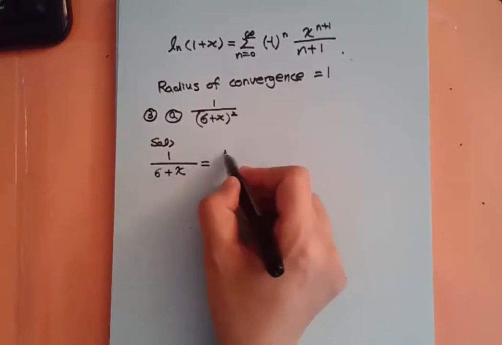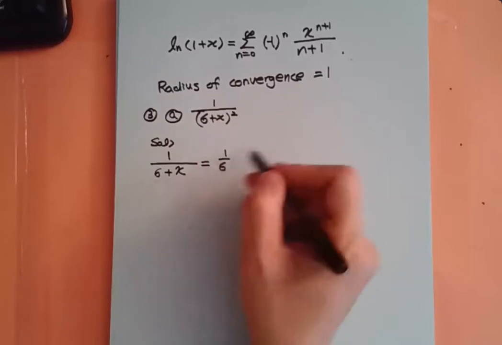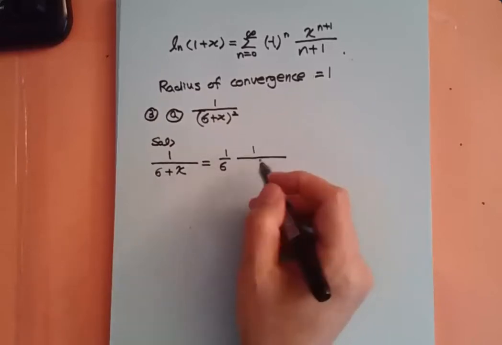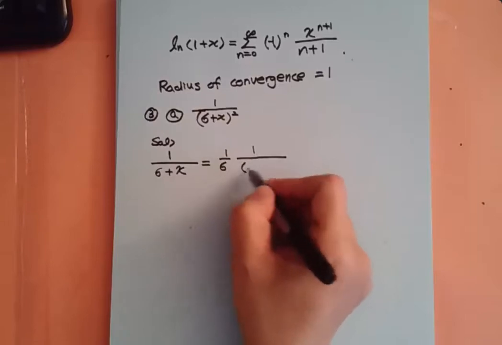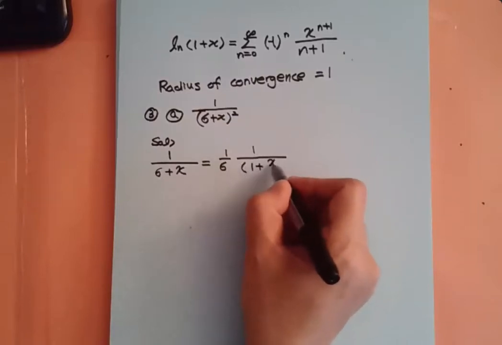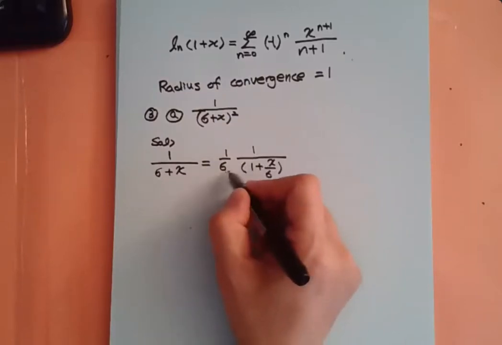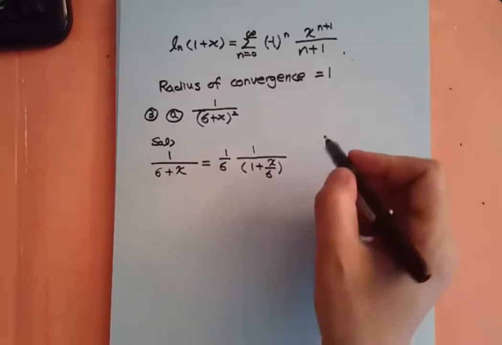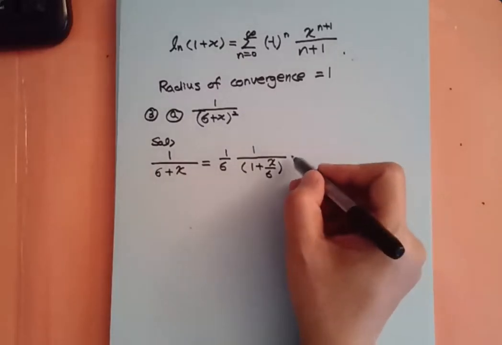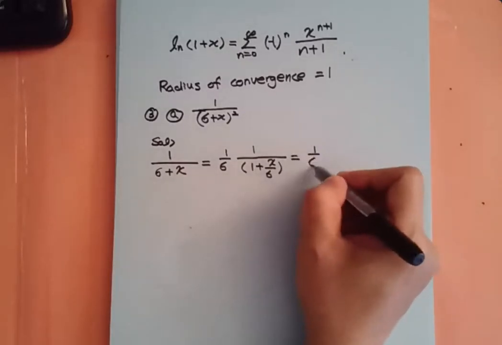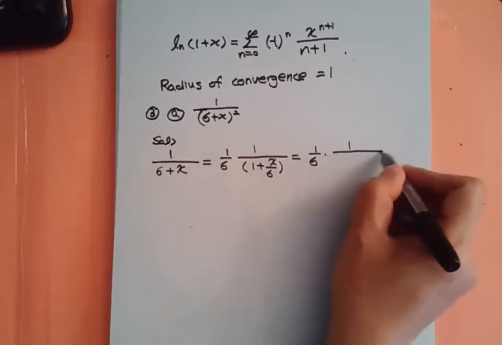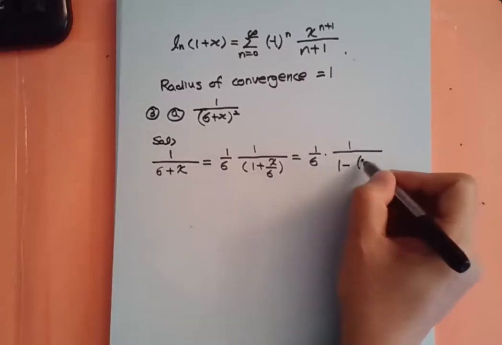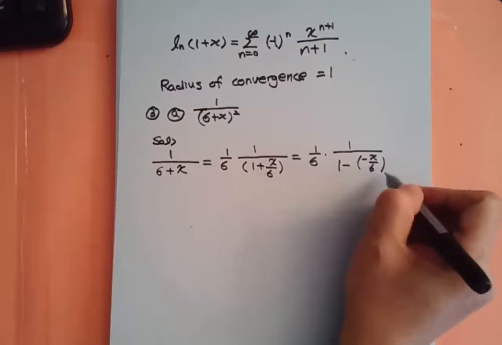Then that becomes, we take out 6 from the denominator. Then we have 1 over 6 times 1 plus x over 6. And so when we multiply this, this is 6, and this times this one will be x, right? So x over 6. And so that is 1 over 6 times 1 over 1 minus negative x over 6.